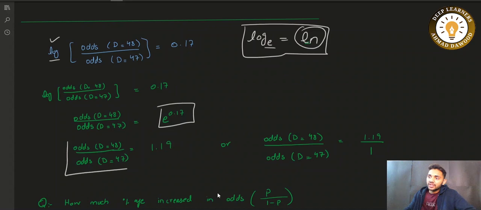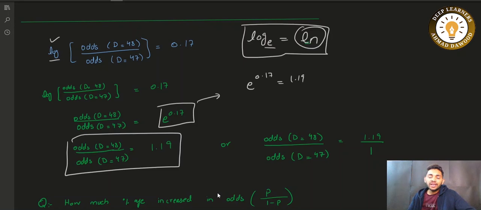Here you can see when you take your coefficient, which was 0.17, and take e raised to the power 0.17, it gives you 1.19. So 1.19 is the odds ratio. In other words, e raised to the power of your coefficient, e raised to the power 0.17, is the odds ratio.